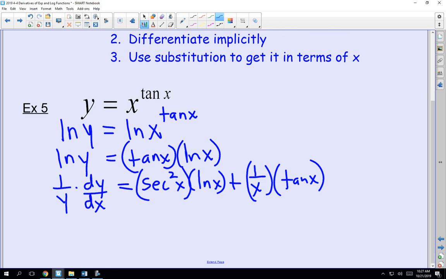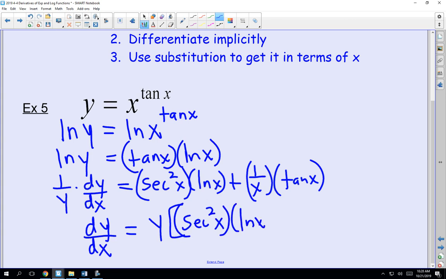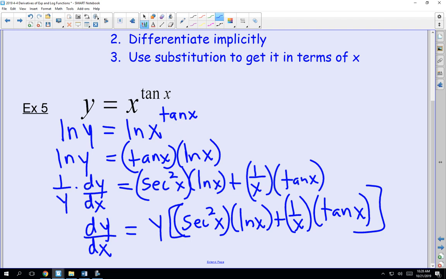We're going to go ahead and solve this for dy dx by multiplying each side by y. So dy dx equals y times all of this. And then the final step is taking what y is equal to up here in the top and using substitution to get our derivative all in terms of x.